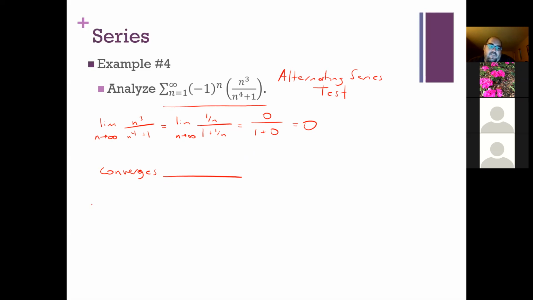Right. So we look at the absolute value, and really the only change that is really going to make is the alternation. So we're really looking at this, n cubed over n to the fourth plus 1. So how can we try to figure out the convergence or divergence of this series? Basically, we need a test within this test.